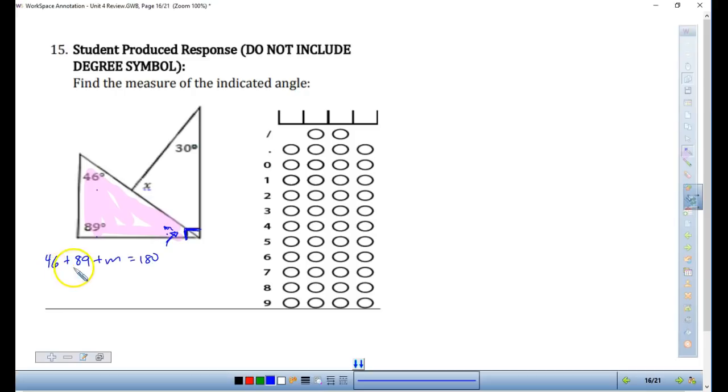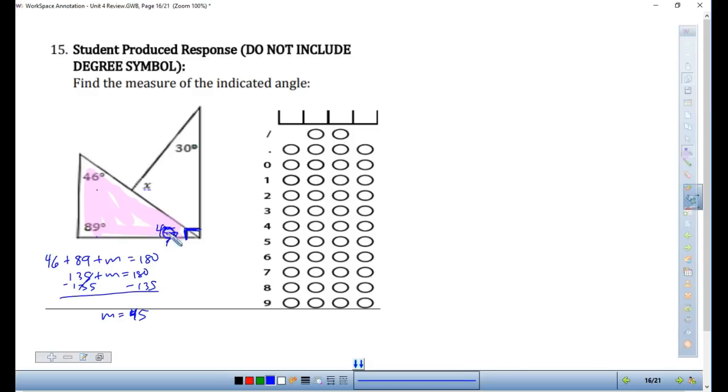So 46 and 89 makes, do it yourself, 135 plus m equals 180. So then you subtract 135 from both sides, and you should get m equals 45. Or at any rate, this angle here, whether you want to call it m or whatever, equals 45.